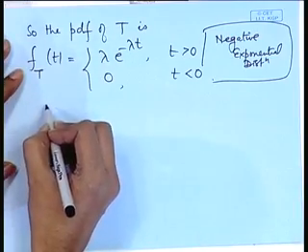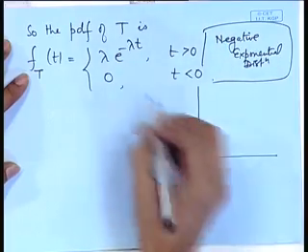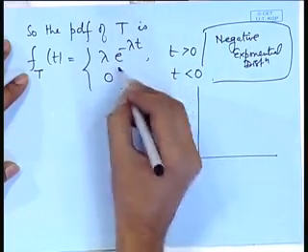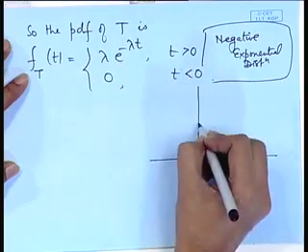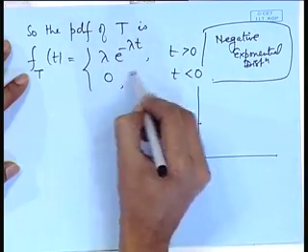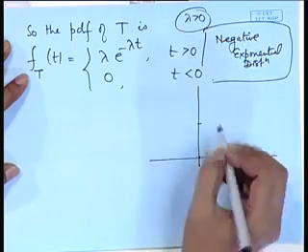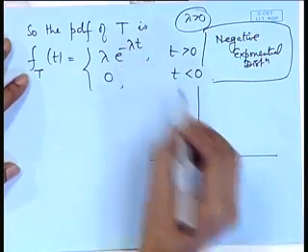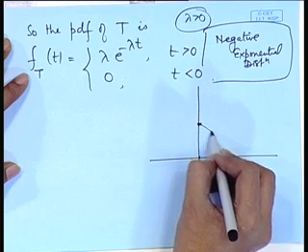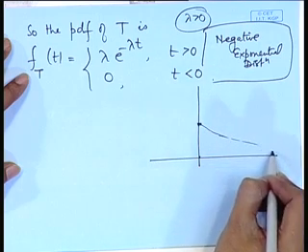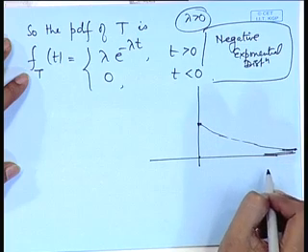So, for example, the shape of the distribution: it is 0 up to 0, and at t equal to 0 the value is lambda, and then e to the power minus lambda t, because lambda is positive, will be less than 1 and this will be a decreasing function, and you will have it decreasing to 0 as t tends to infinity.